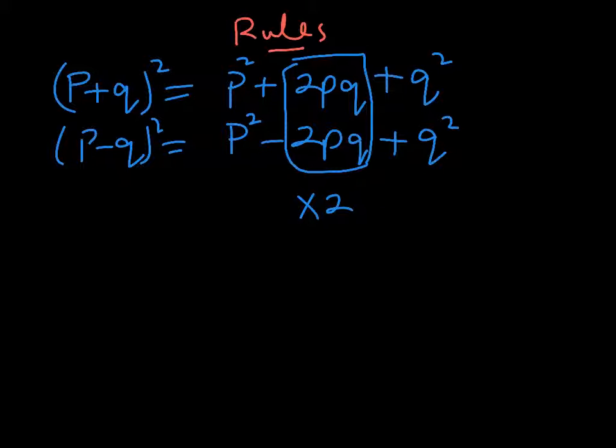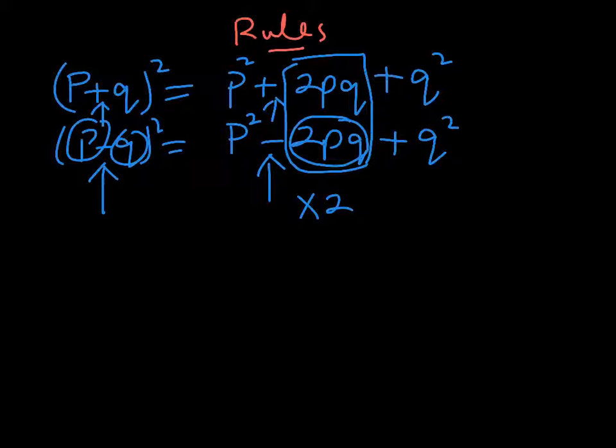The difference between them is that the one with the negative sign has a negative sign in front of it, and the one with a positive sign has a positive sign in front of it. So that's the major difference. But otherwise, we notice that when you multiply the two terms P times Q, you have twice the value of it when you fully expand it.